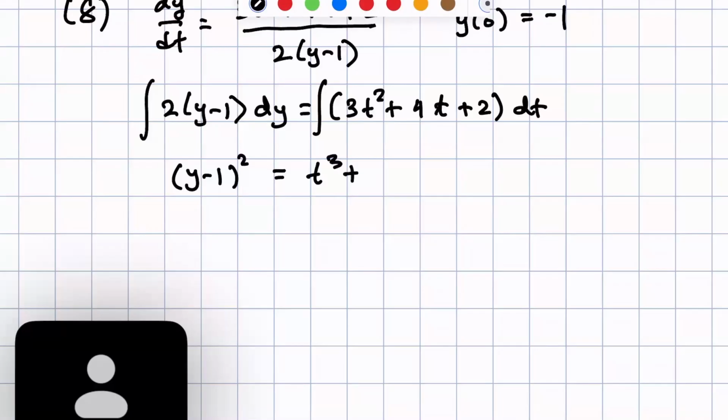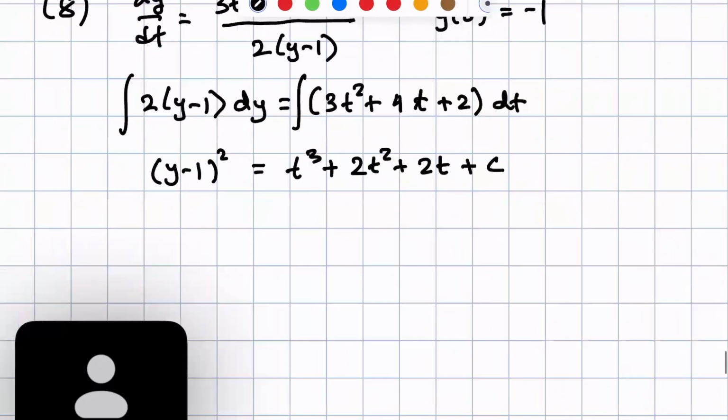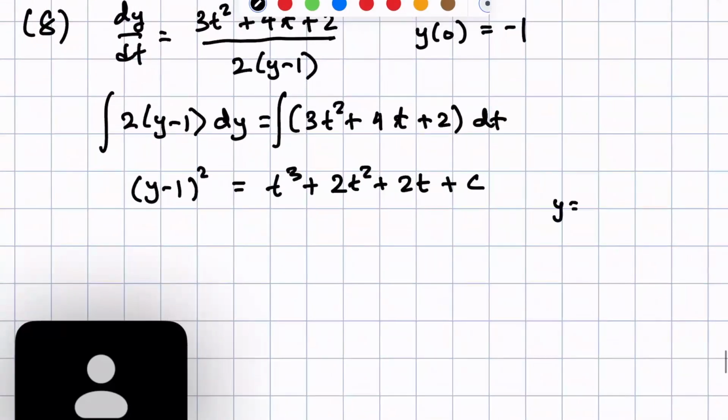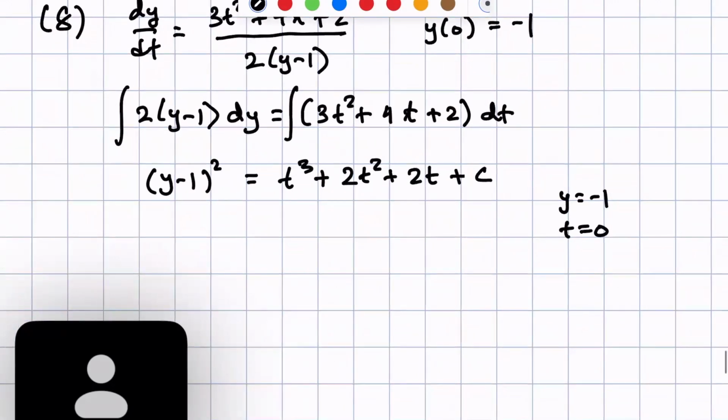So here I can anti-differentiate, and with that, now we can actually impose our initial condition, y is equal to -1, and t is actually equal to 0. So in this case, I get a lot of 0, 0 plus 0 plus 0 plus c. And here I get a -1 minus 1, so I get a -2 squared.